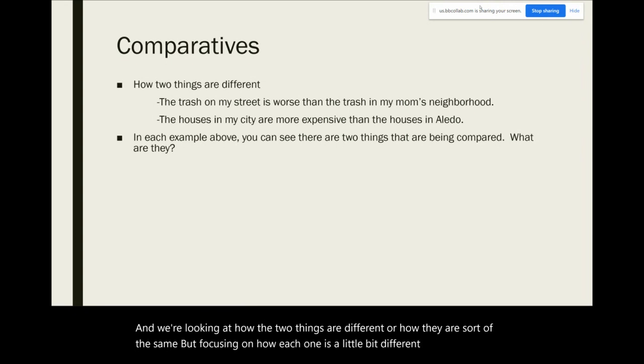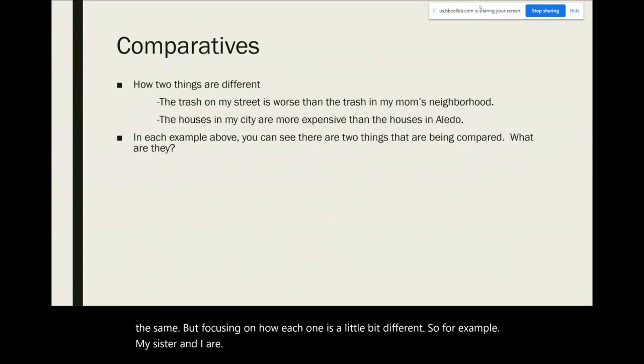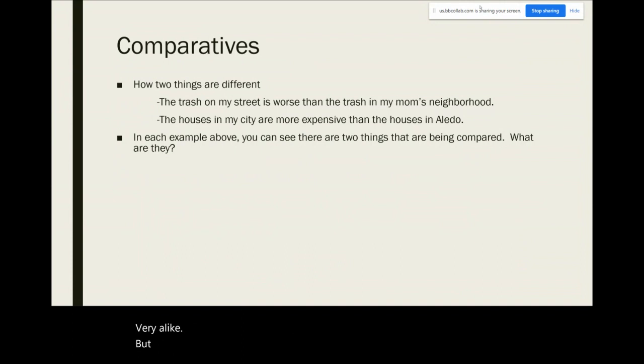So for example, my sister and I are very alike, but she is taller than me. So I'm comparing our height, how tall we are. So I would use a comparative taller, and I use it with than.